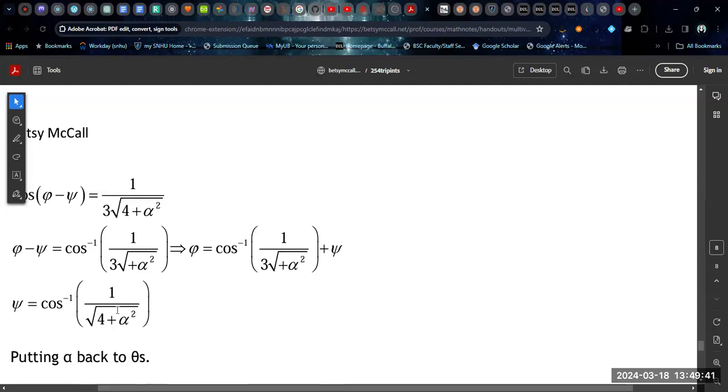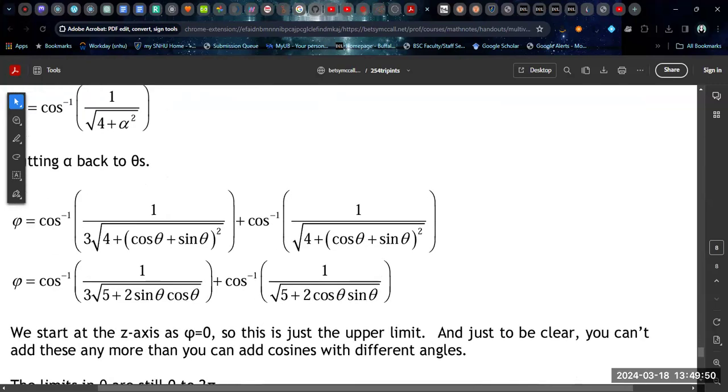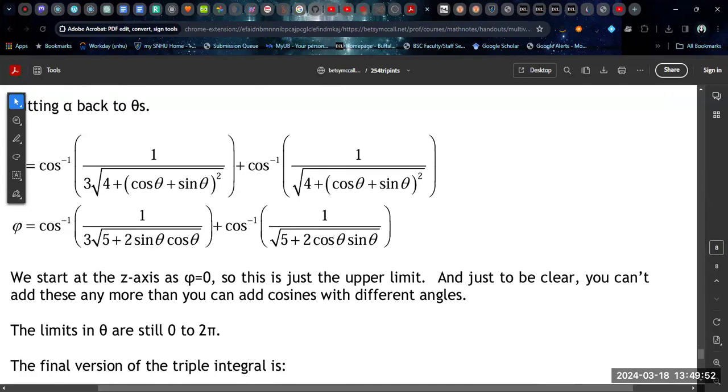And we end up with phi is equal to the inverse cosine of 1 over the square root of 4 plus alpha squared. And then we have to put alpha back in terms of theta. And we end up with this. Then we start at the z-axis where phi is 0, and then this becomes our upper limit.